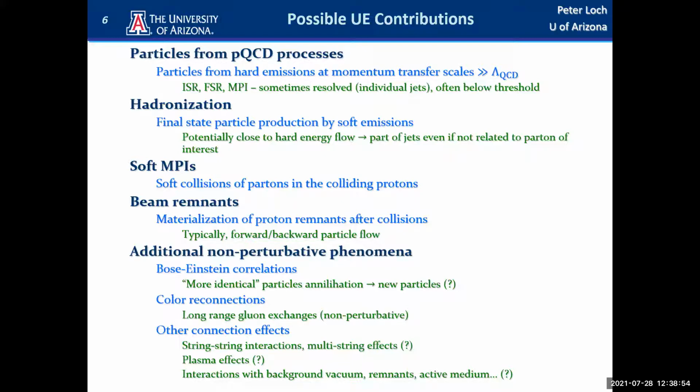This is, of course, what we like. Then we have a better handle on the final state. But often these emissions, while hard, are below threshold for jet finders. So we still have a more inclusive or integrated picture of what is going on in that part of the phase space.